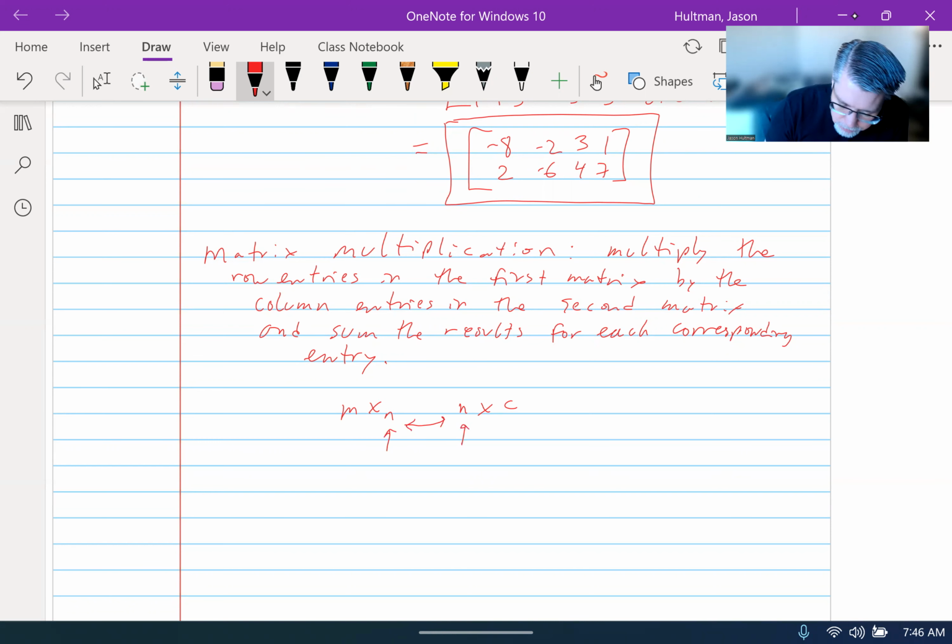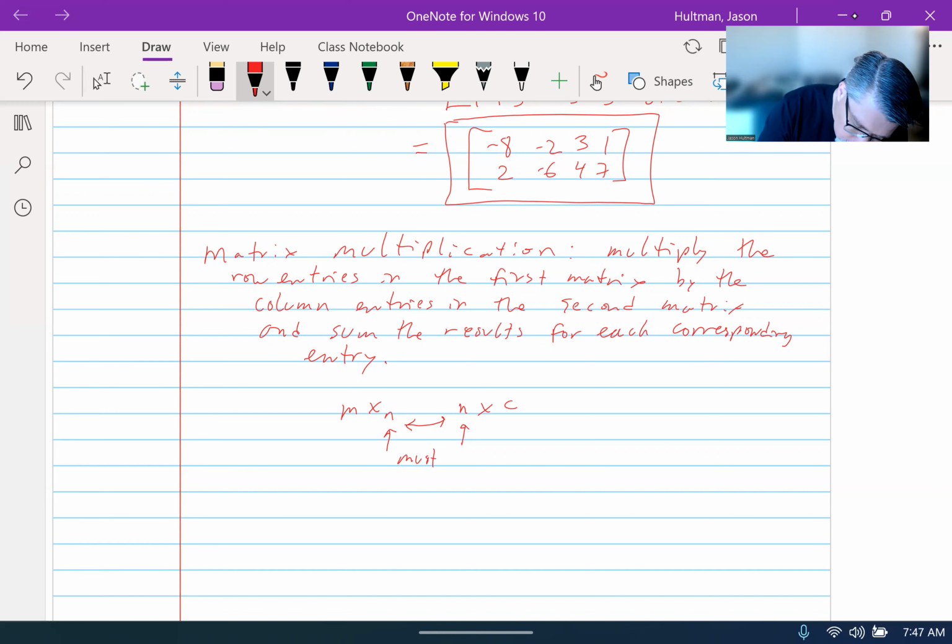The dimensions have to match up so that the number of columns in the first matrix is equal to the number of rows in the second matrix.